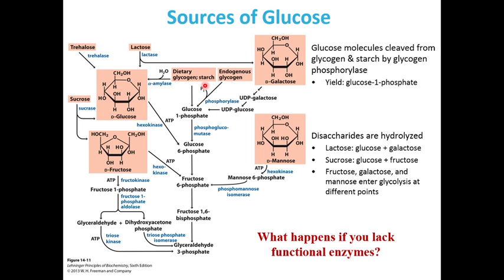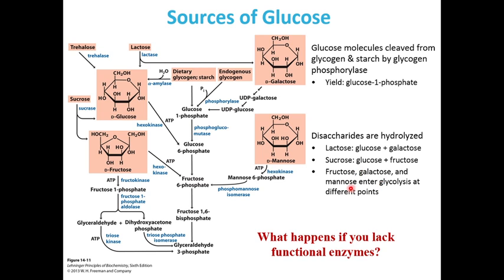Glucose can also be obtained from dietary glycogen and starch, which get converted to glucose 1-phosphate, which then gets converted to glucose 6-phosphate by phosphoglucomutase, and glucose 6-phosphate can then enter the glycolytic pathway. Fructose can be converted to fructose 6-phosphate by hexokinase as well. Disaccharides usually are hydrolyzed. Lactose can get converted to glucose and galactose.